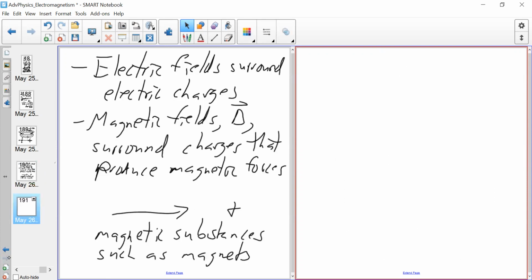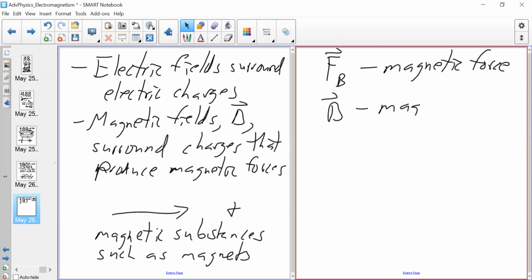Now I'm talking about this magnetic force. We're going to denote the magnetic force with this symbol FB, where B is magnetic field and F the magnetic force produced by a moving charge in a magnetic field.